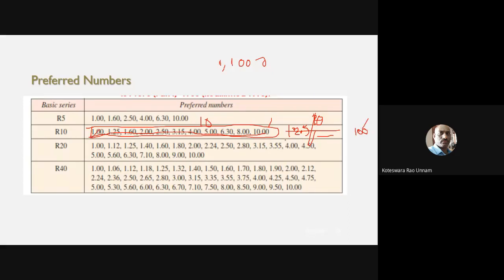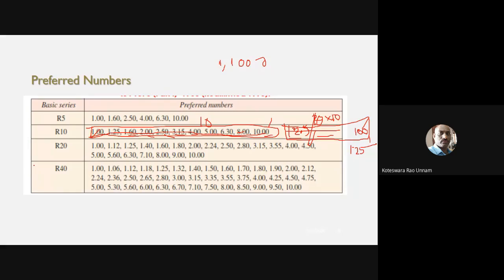To get up to 1000, I take this second set of 10 numbers and multiply it by 10 again. The 21st number will be 12.5 times 10, that is 125. Then 160, 200, 250, 315, 400, 500, 630, 800, and finally 1000.